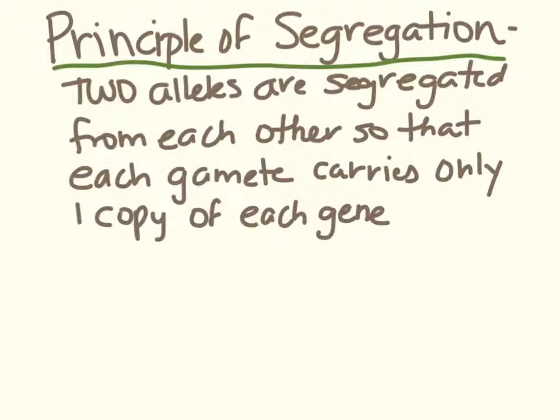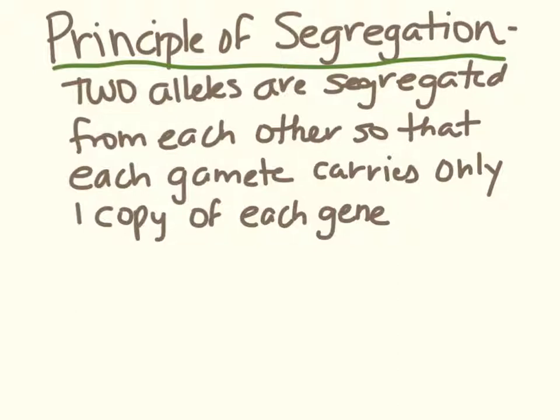Another conclusion that Mendel was able to make was called the principle of segregation. In this, Mendel had assumed that the dominant allele masked a corresponding recessive allele in some of the generations, and that's why the particular trait did not show up.